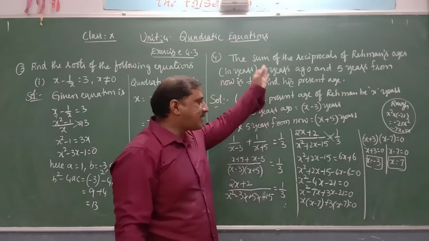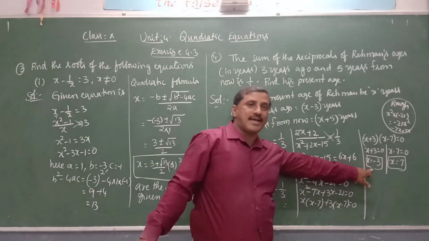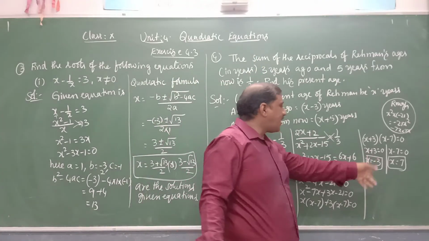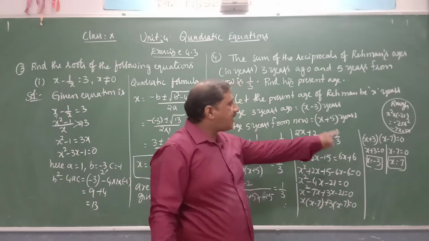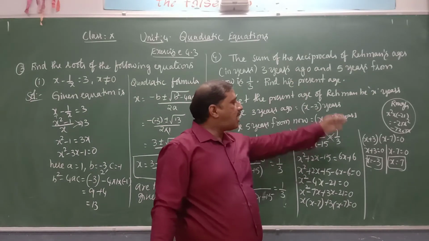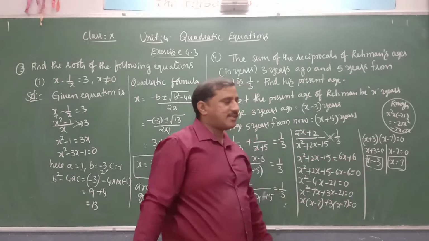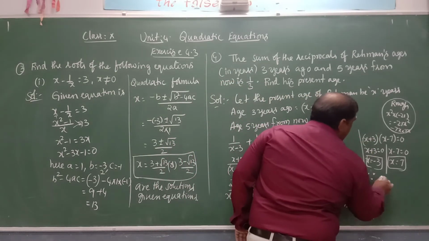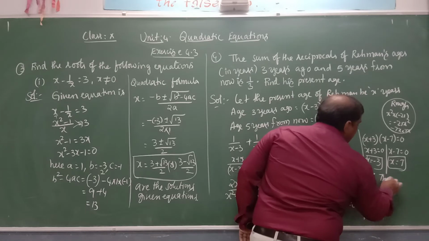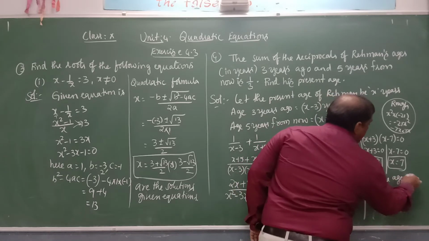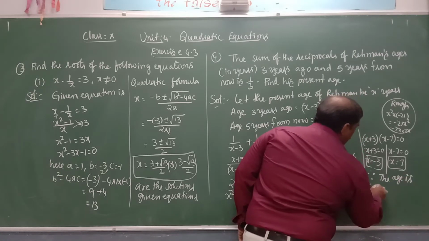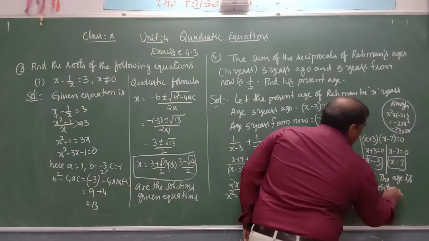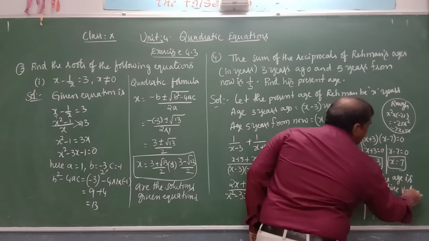As age is never negative, ignore x = -3, and the age of Rahman will be the positive value, that is 7 years. Since age is a positive value, it is never negative.